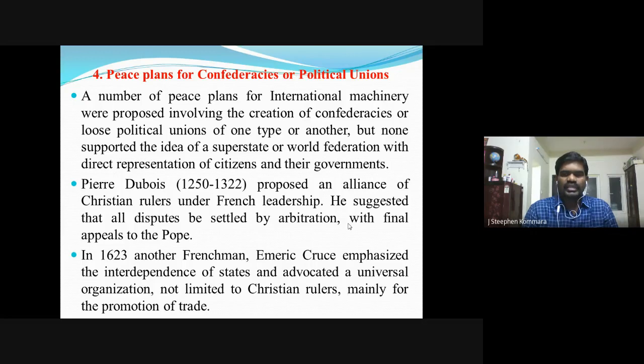So he was thinking about a strong universal or international organization. Actually, at that time, many Christian rulers or countries were there, but many other countries were also in the world arena. That is why it's mainly for the promotion of trade. వ్యాపార వాణిజ్యాన్ని పెంపొందింపు చేసుకోవాల్సినటువంటి ఎసెన్షియాలిటీని చెప్తా ఉన్నారు.